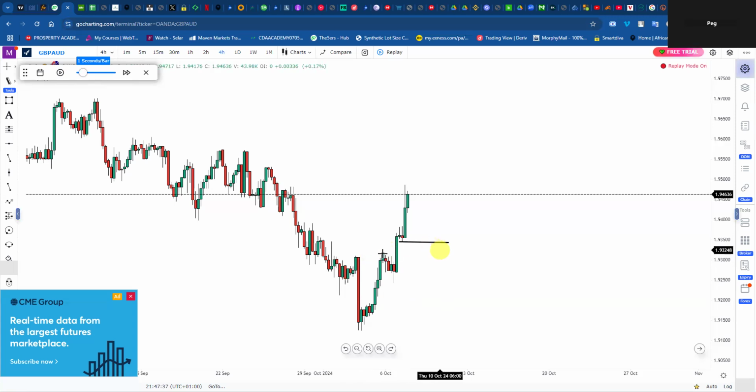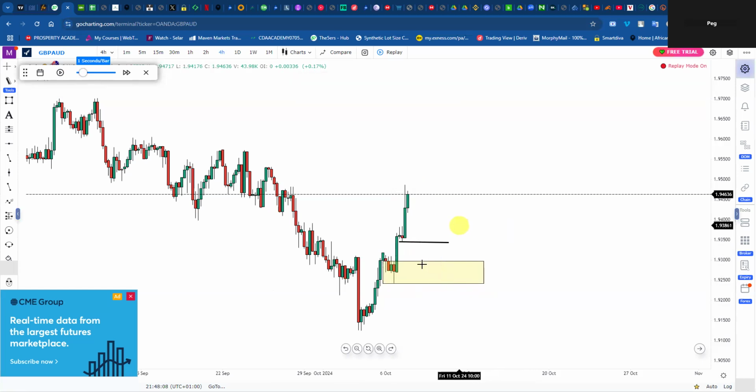And just like we saw before, it is within the discount zone of this price range. So since it's in the discount zone, it's a good order block. So we mark it out and wait for price to come to it.